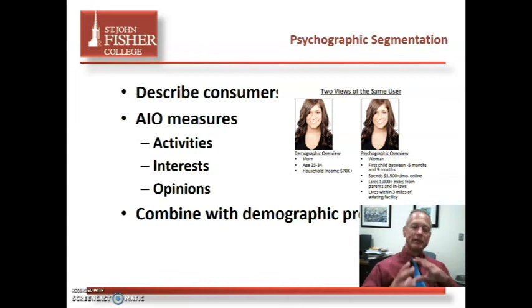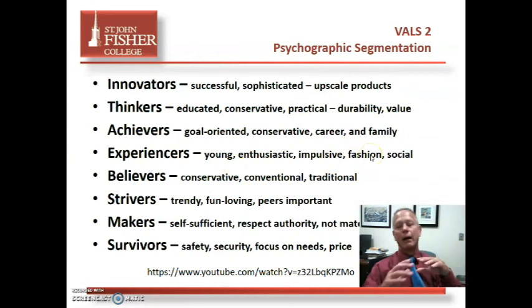It combines demographic profiles as well as hobbies, interests, and opinions. A big portion of psychographic segmentation is VALS framework. VALS was instrumental in really describing or segmenting different people in the way that they speak.